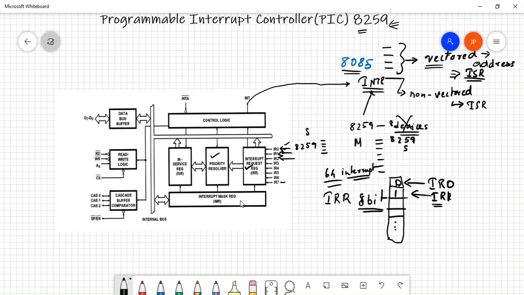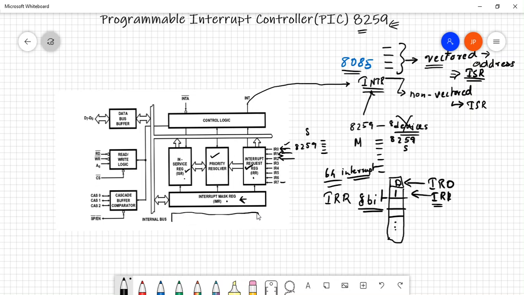Then there is another block over here which is known as the interrupt mask register, and there is the third register which is known as the interrupt service register. The priority resolver will check these 3 registers: IRR, which is the interrupt request register, interrupt mask register, and the in service register. So we'll be looking at these registers in detail. So interrupt mask register is again another 8-bit register.